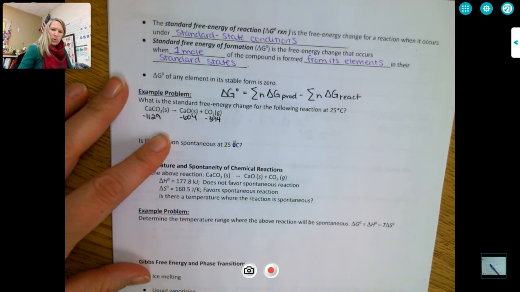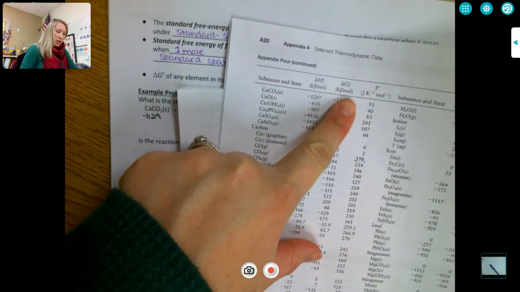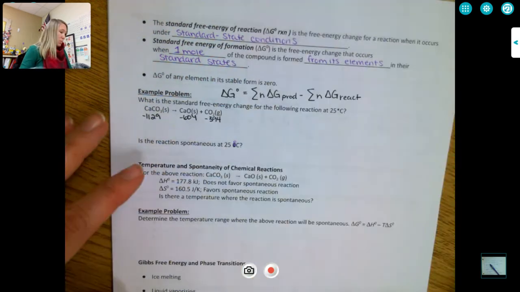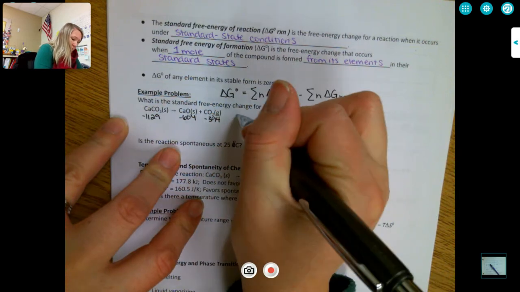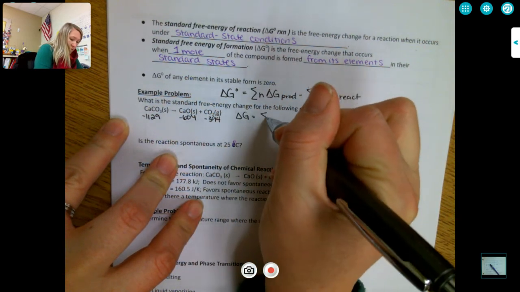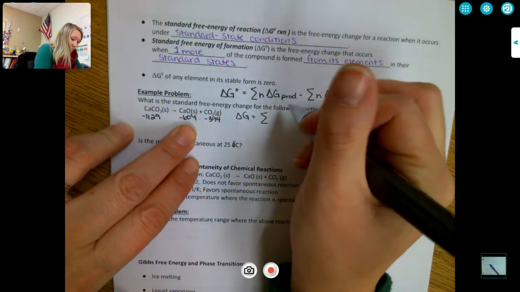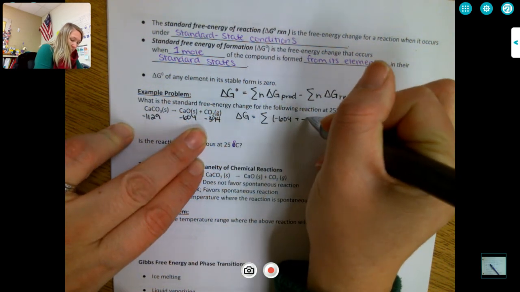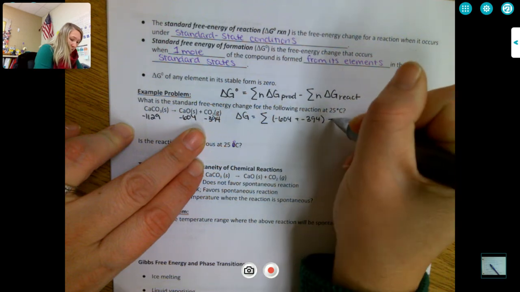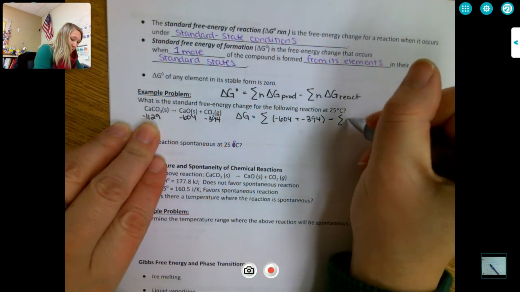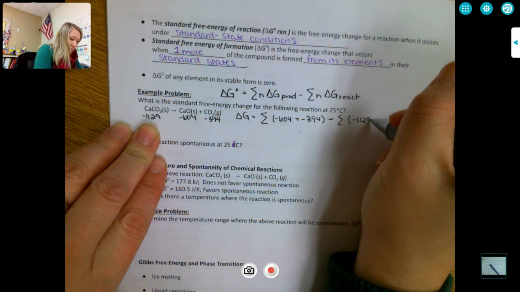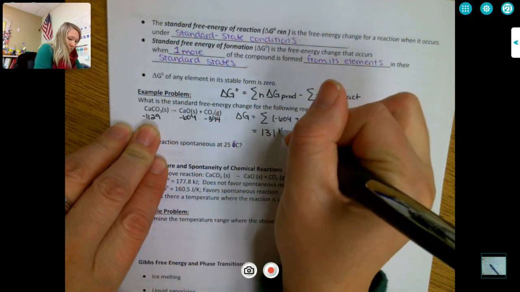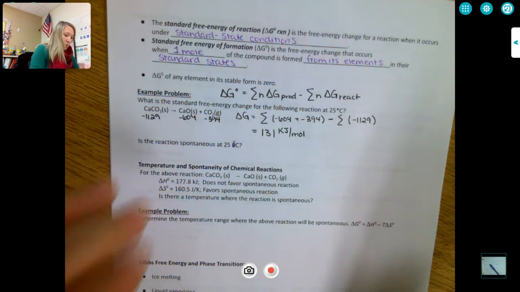Also important to note, our units on delta G are the same as delta H, but different from S, so kilojoules per mole. So for my delta G of the reaction, the sum of my products, this is a 1, so negative 604 plus negative 394, minus the sum of my reactants, negative 1129, and I get an answer of 131 kilojoules per mole.